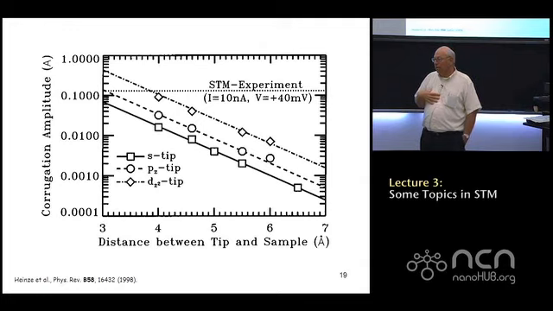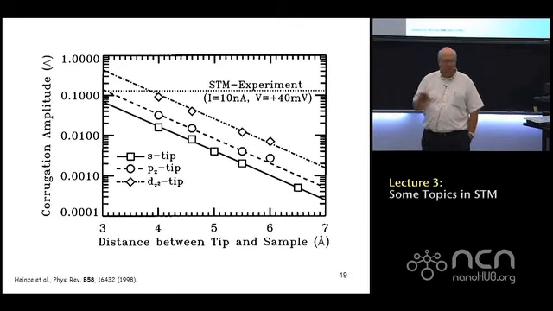Okay? So if you try to measure with any precision the height of an atom in an STM image, that's not enough. You've got to also know something about the state of the apex atom, that lead atom on the tip. You've got to know what quantum state it's in, if you want to make a very precise measurement of this quantity.